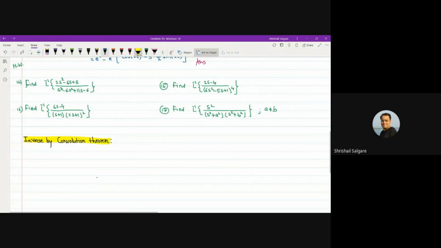Now see the statement. What is the statement of the convolution theorem or the definition? So the definition for convolution theorem states that, here I will use a capital notation, okay? So if f of t and g of t are two functions, then the following integral. What is the definition for convolution? Means mixing.